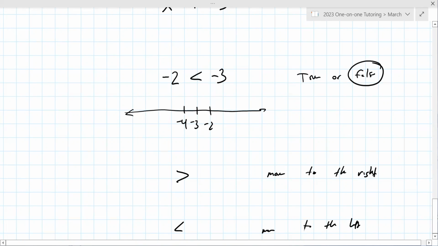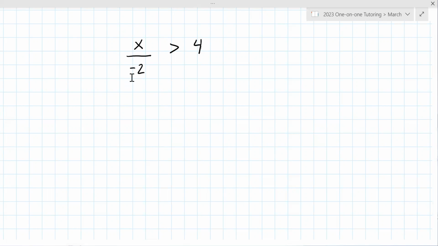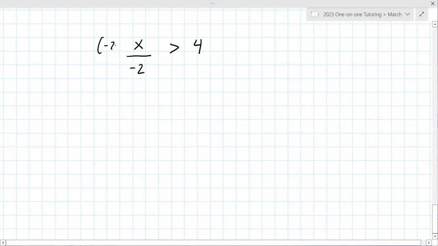Yeah. All right. Here's another one for us to look at. Let's say it's x over -2 greater than 4. Okay. -2 is dividing x. Okay, so we're going to multiply both sides by -2.